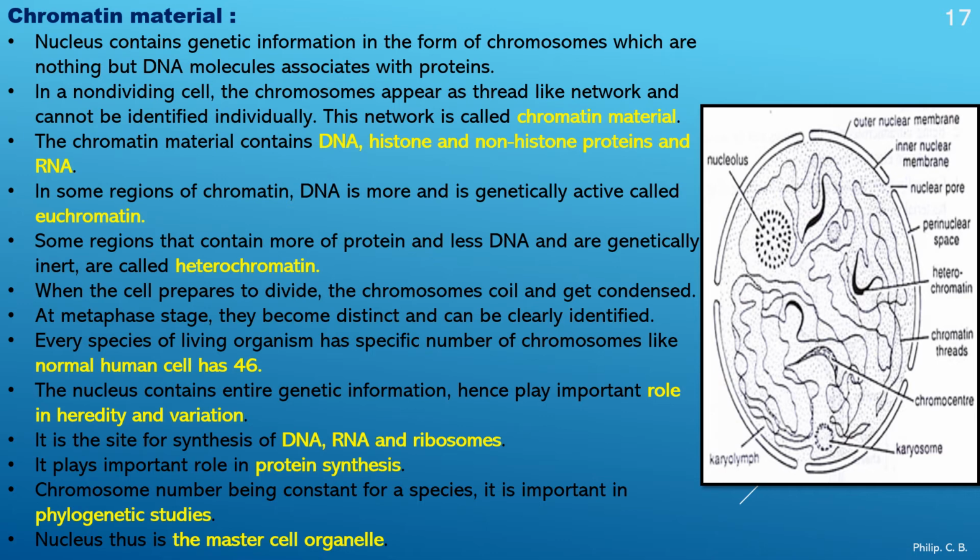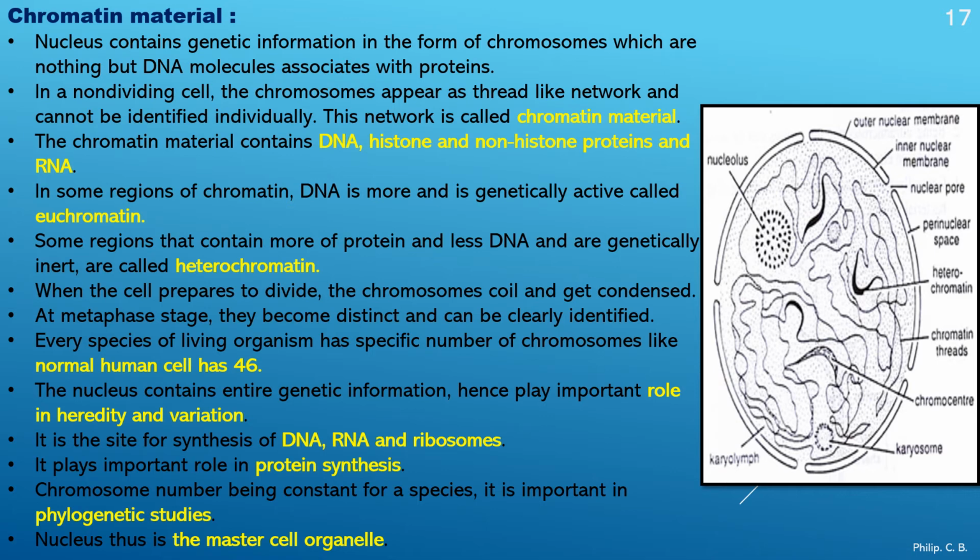It is a site for synthesis of DNA, RNA and ribosomes. So here the synthesis taking place is for DNA, RNA and ribosomes, all the three. It plays an important role in protein synthesis also. The chromosome number being constant for a species, it is important in phylogenetic studies. Now what does this mean?